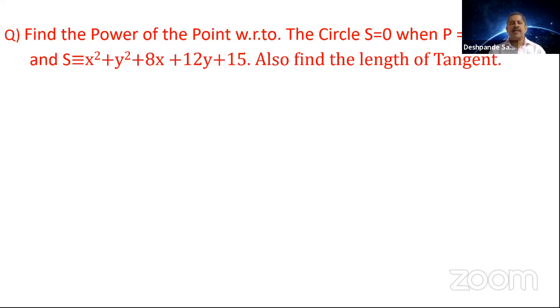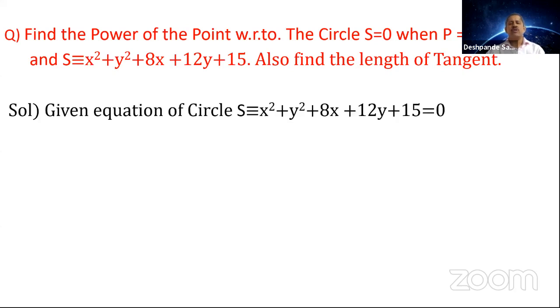One is you can find center, radius, and use CP square minus R square. Okay, so instead you have got simple formula. So the value of S11 we have called as the power of the point with respect to circle. So you simply find the value of S11 that you called as power of the point. So you got equation of circle given like this, point given as (5, minus 6).